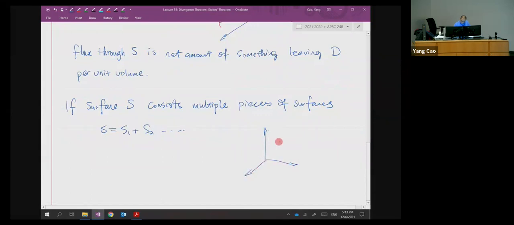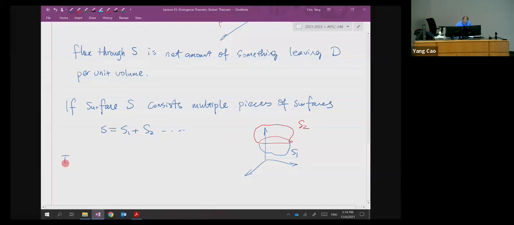For example, you may have a surface at the bottom as S1, and a surface at the top as S2. S1 plus S2 together bound a region D.